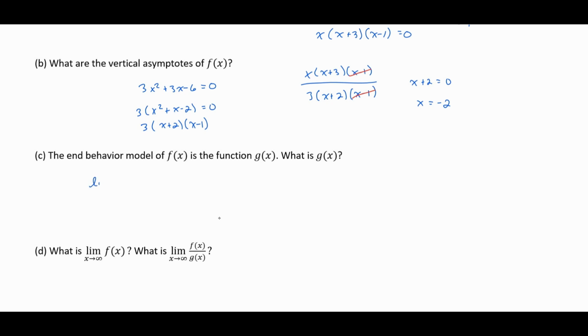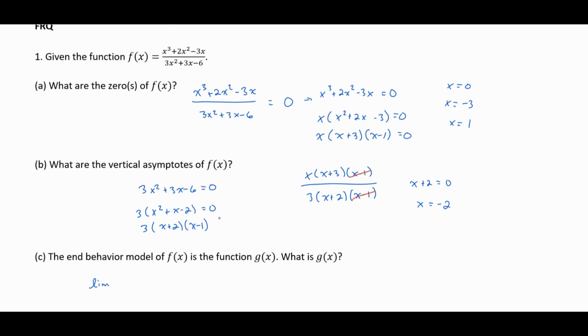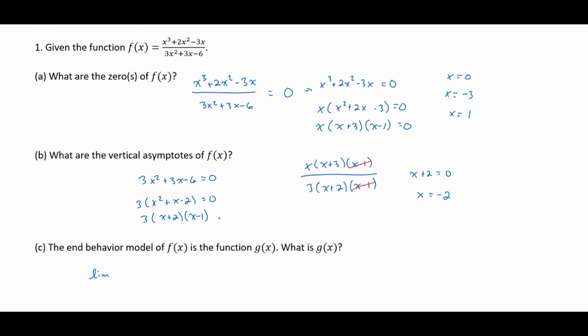So the limit of, and let's go back up to our function, that was the limit of x cubed plus 2x squared minus 3x over 3x squared plus 3x minus 6 as x approaches infinity.